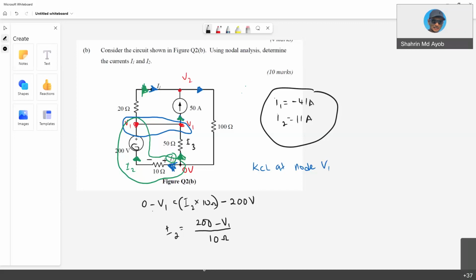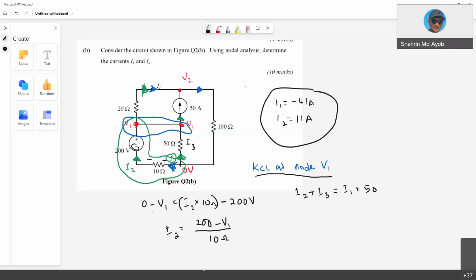This is I1 and this one. So KCL at node V1 is I2 plus I3 is equal to I1 plus 50 amps. Okay, there are two currents going into the node and two currents going out from the node, which are I1 and the current source, 50 amperes.